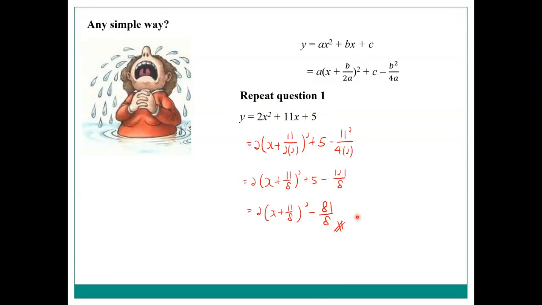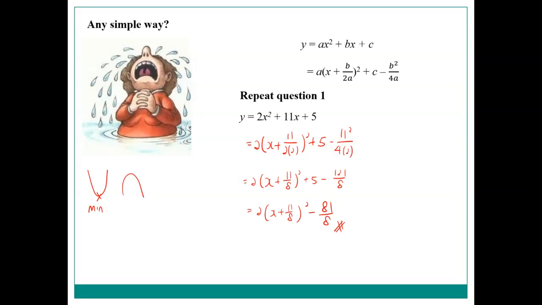Okay, so now why do we need to write the general form into completing square form? Because the completing square form tells us the stationary point of the quadratic equation. For a quadratic equation, it is either in U shape or N shape. For a U-shaped quadratic equation, it has a minimum point.